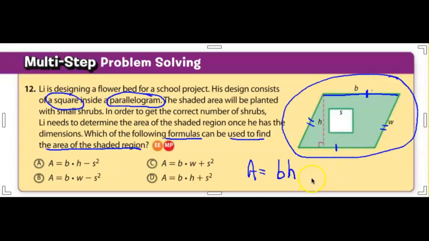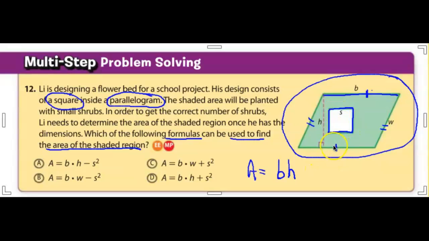Okay. Now what we have to find is the area of this smaller figure. So please tell me, what is going to be the formula to find the area of this figure? That's exactly right. That is going to be actually s squared, because this is a square.